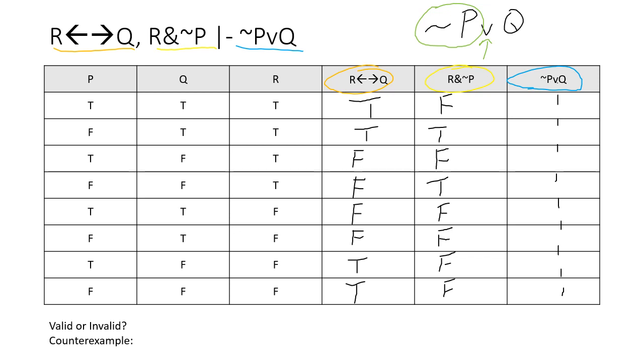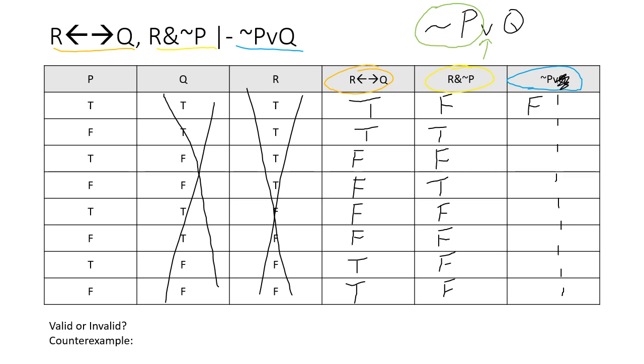So we're going to ignore the Q. We're just going to focus on the P. So just like with the other tilde, we're just going to flip the values of P from T's to F's and F's to T's.